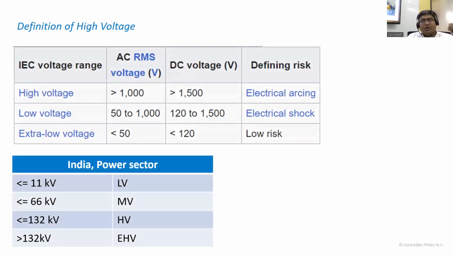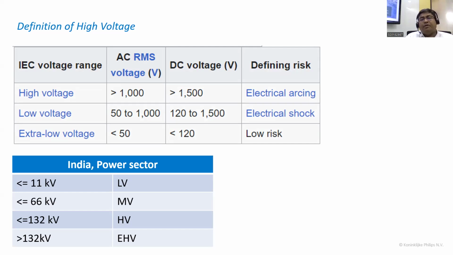When you talk about high voltage design, the word high voltage does not come with a tag of how much voltage is really high voltage. The definitions I got from Wiki are what I'm showing. It varies. In some cases, if you are in the electronics industry, 50 volt itself is a high voltage.